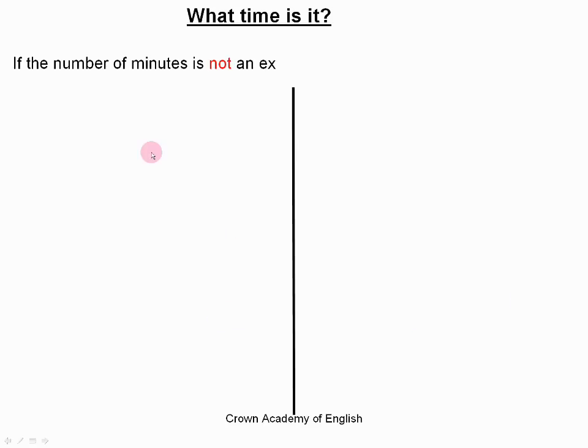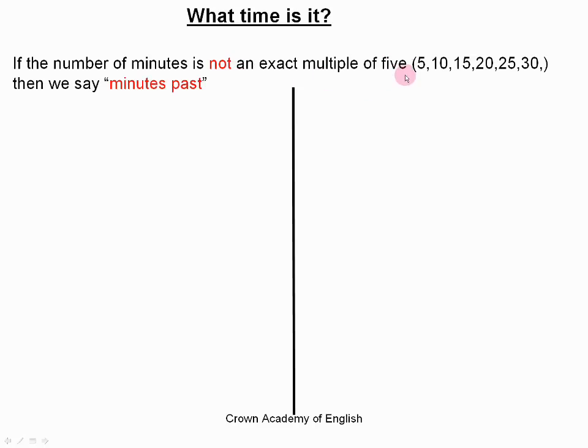Now a special rule. If the number of minutes is not an exact multiple of 5, so here are the multiples of 5, 5, 10, 15, 20, 25, 30, then we say minutes past.